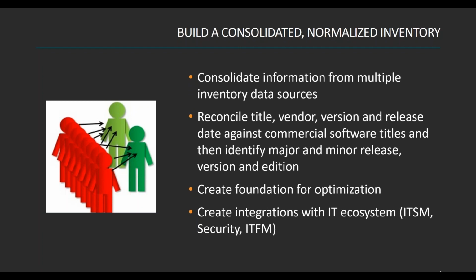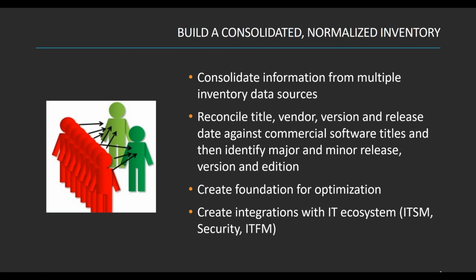So we take that information from multiple inventory data sources. It can be literally multiple. We could be pulling from ServiceNow, pulling from SCCM, pulling from an inventory client, and pulling perhaps, for example, from a Snow inventory client, and consolidating it all into one place. And what we need to do at that point is normalization. Snow has a normalization engine. There are others out there that take all of that information from all of those sources and dedupe.